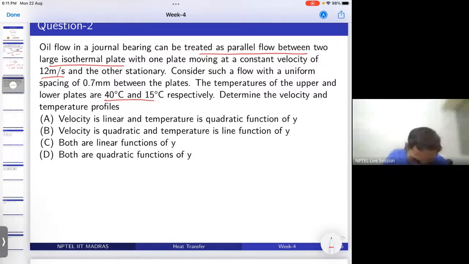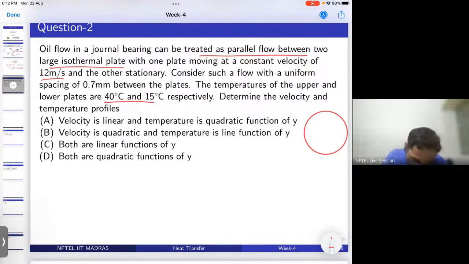The actual situation is we have a bearing, within which a shaft is rotating. In between, we have the lubricant, that is, the lubricant oil.